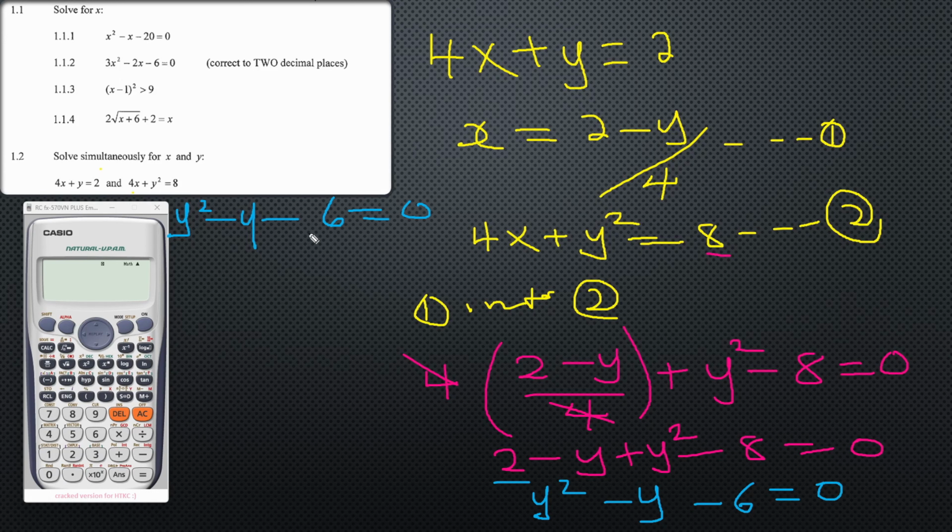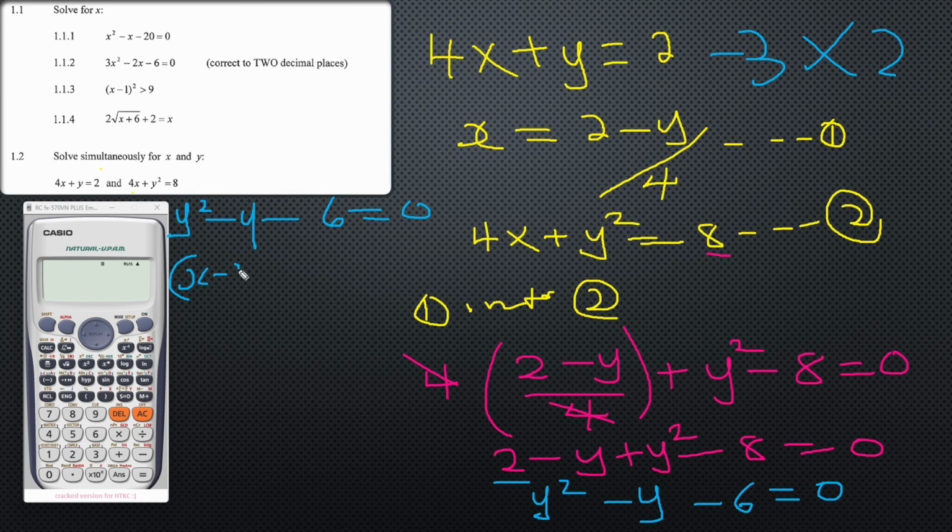With this, what factors of 6 can give us a negative 1 when we add them? 3 and 2, with a minus, so that when we add, we get a negative. These are the ones that we should use.